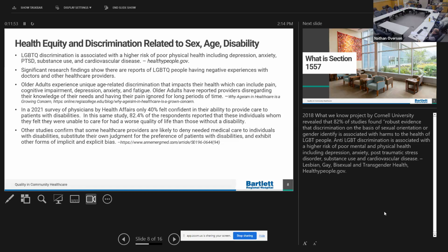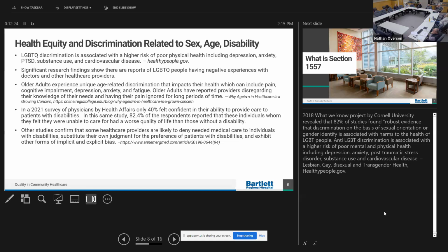Ageism is a thing, and this study from Regis College was quite interesting to me. It found that older adults were reporting that their pain was ignored for longer periods of time.